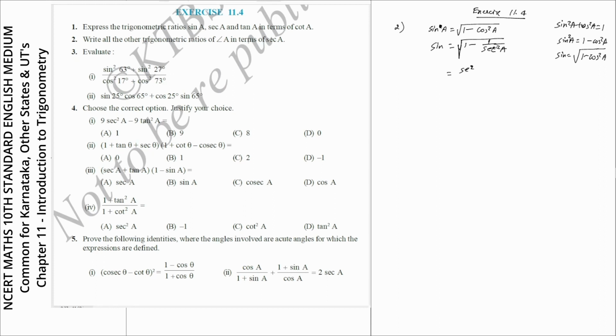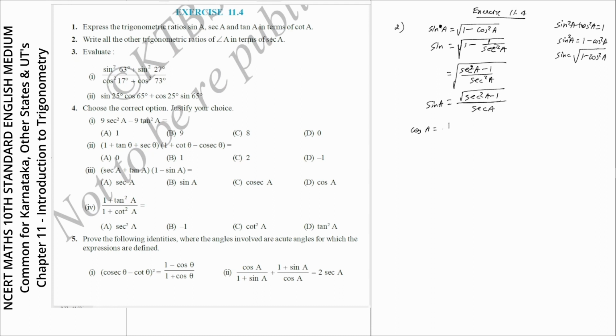Secant square A minus 1 by secant square A. So this is equal to square root of secant square A minus 1 by, in the denominator, only secant square A I will get. So square root of secant square A is just secant A. So sin A is square root of secant square A minus 1 by secant A. Now cos A.